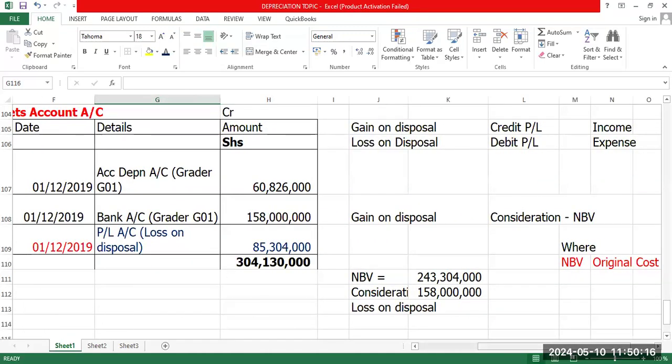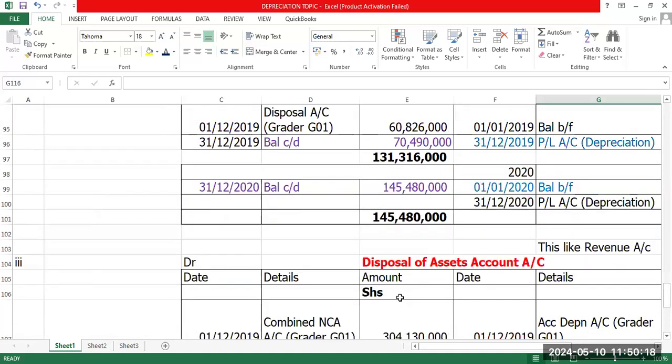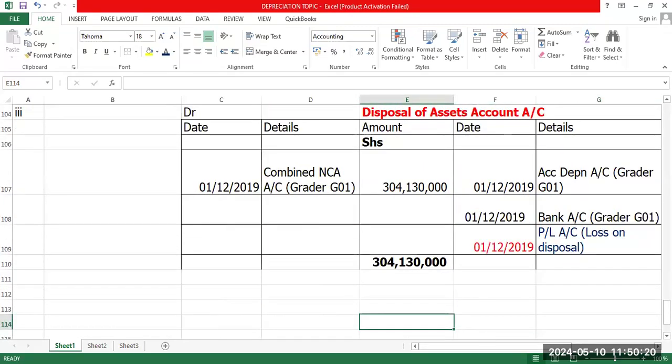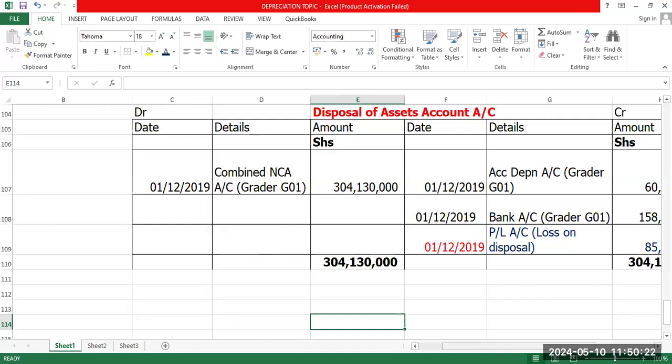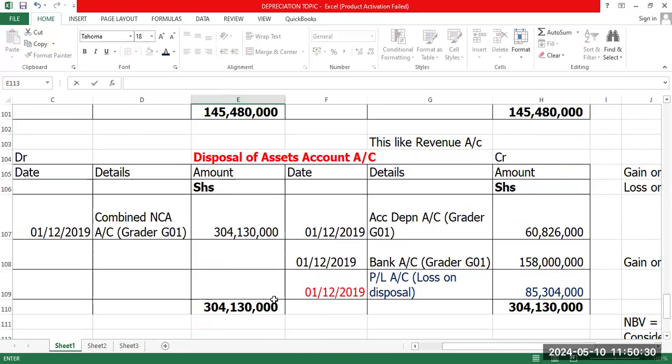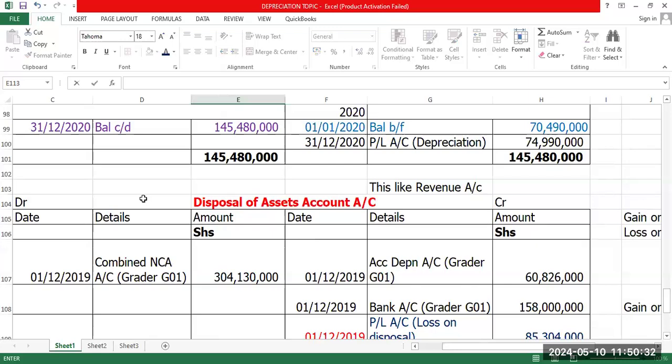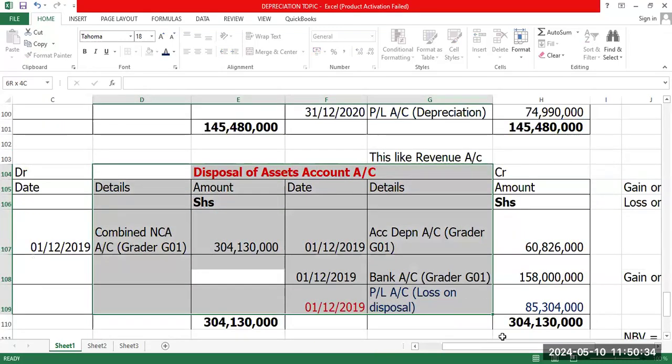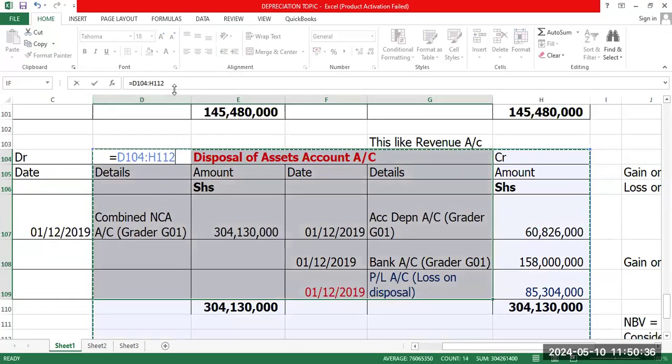So we go to the last account. Last account is bank.